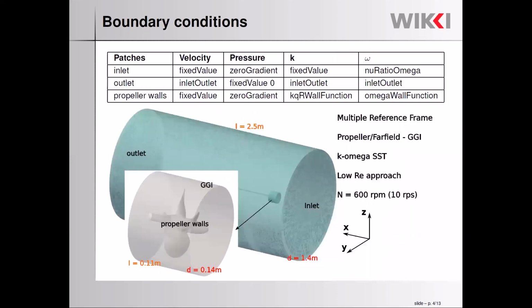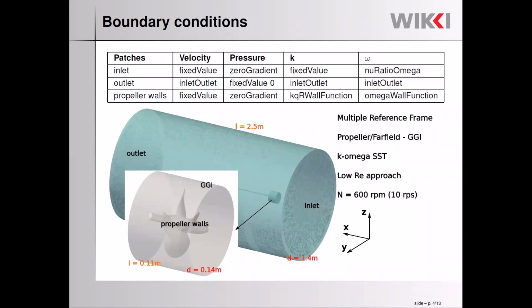When it comes to the domain and how I set up the boundary conditions, this is pretty much the summary. I split the domain into 2 subdomains, one dealing with the propeller, the other dealing with the far field, and they were connected with general grid interfaces. The boundary conditions are quite standard, so I prescribed the fixed velocity at the inlet, and I fixed the pressure at the outlet.